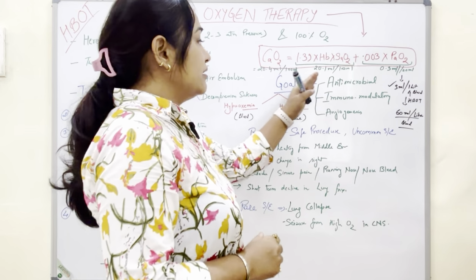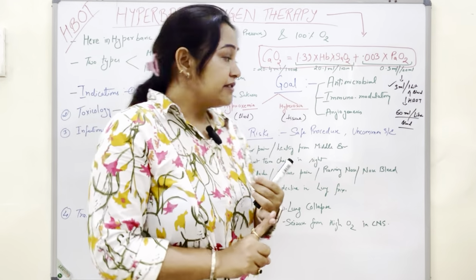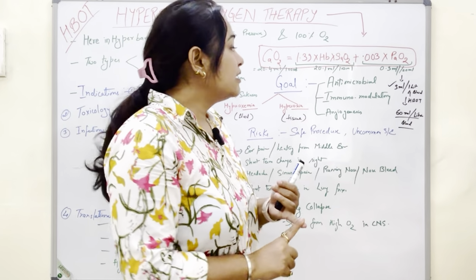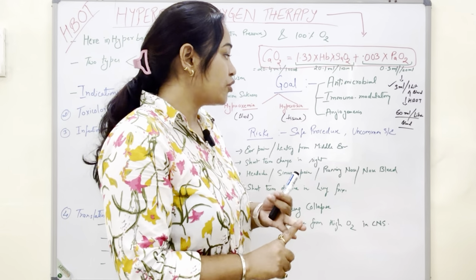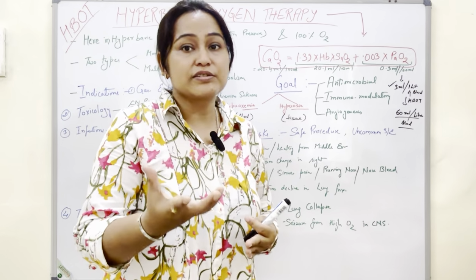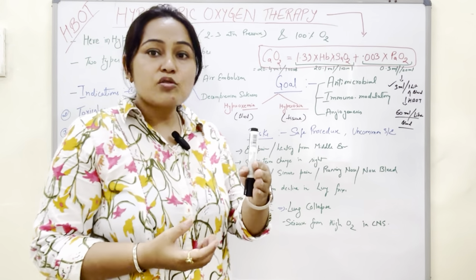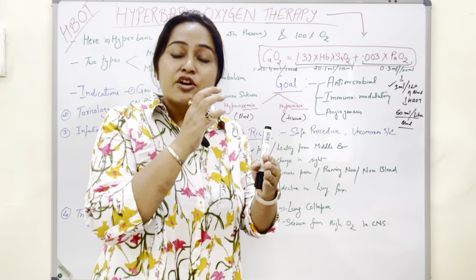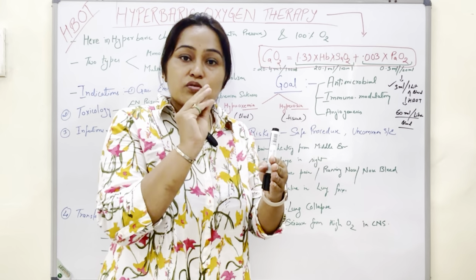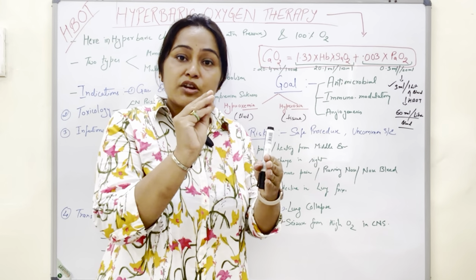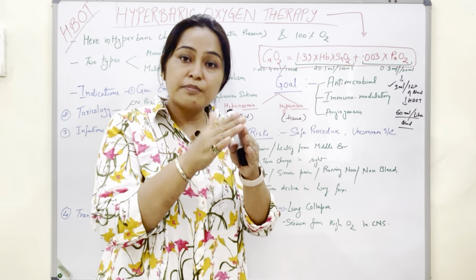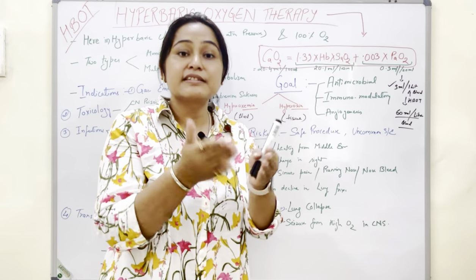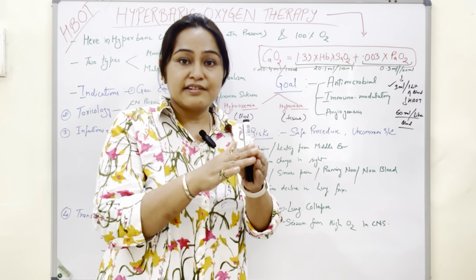So it will cause antimicrobial effectiveness, immunomodulatory property, and angiogenesis, meaning neovascularization. There is increased oxygen at the injured tissue level. What will it cause? It will cause vasoconstriction. Vasoconstriction will cause less leaking of blood vessels, less edema, and less inflammation.